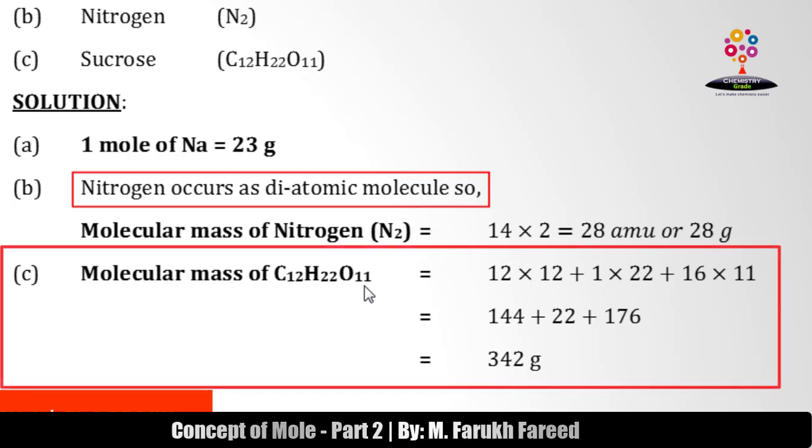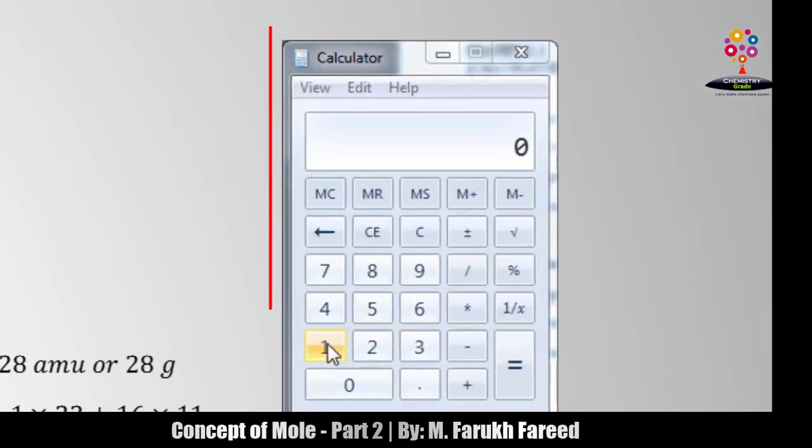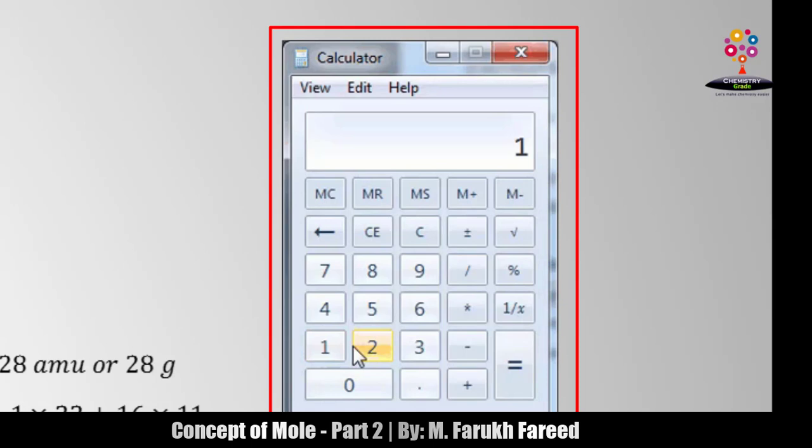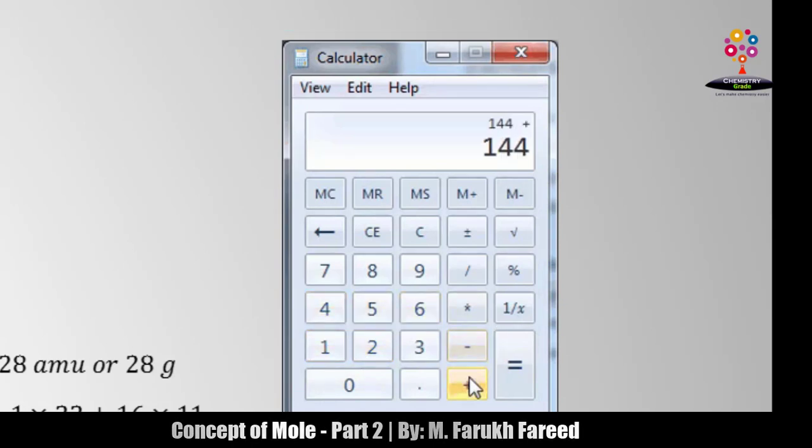So it will make 144 plus 22 plus 176. You can see the calculator here and you will find the answer. It will become 342 grams.